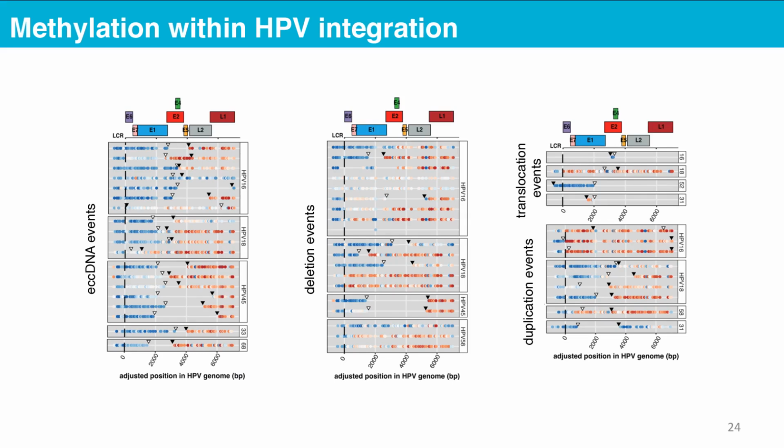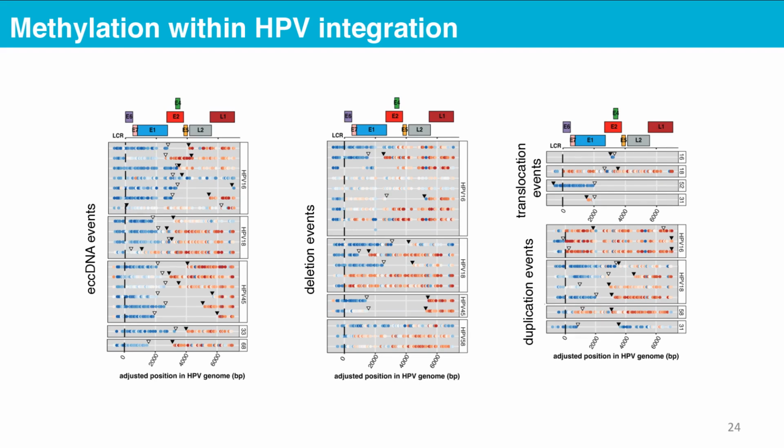And some, like you can see in the duplication events, the HPV 18 containing ones are particularly methylated across the genic region. So I'm trying to investigate the kind of reasons why some would be more methylated, some would be less methylated, within the genic region.